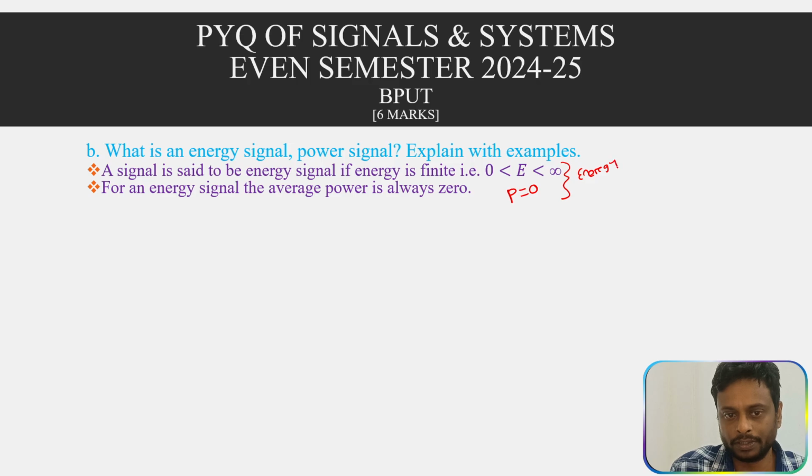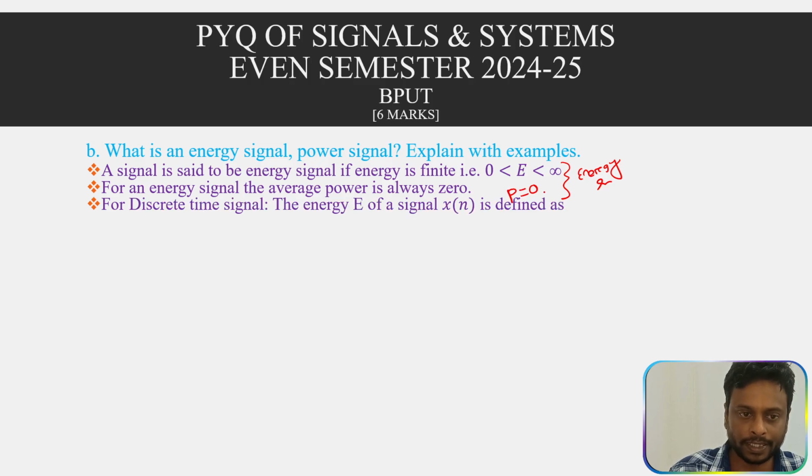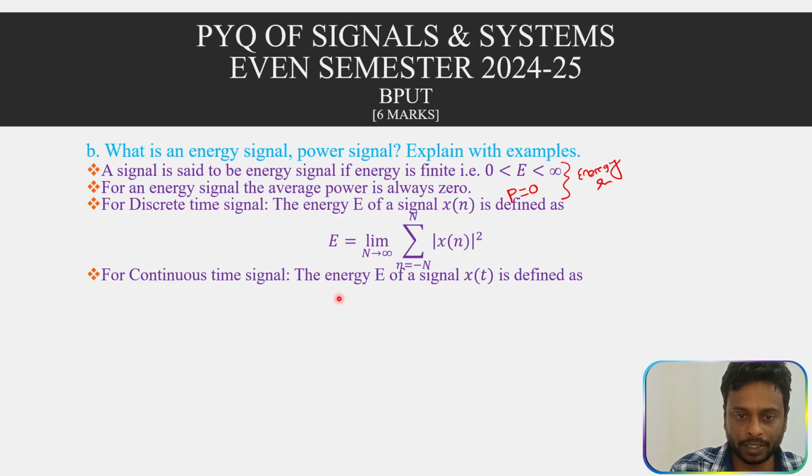For a discrete time signal x of n, the energy can be found by this equation. Similarly, for a continuous time signal, the energy E is this one, where x of t is a continuous time signal.